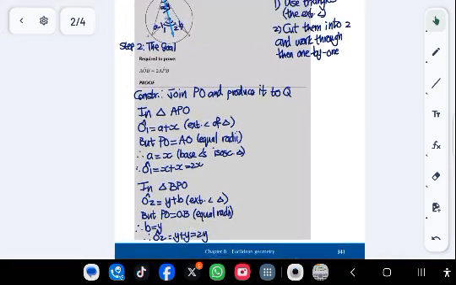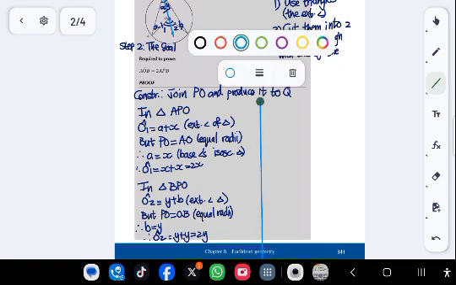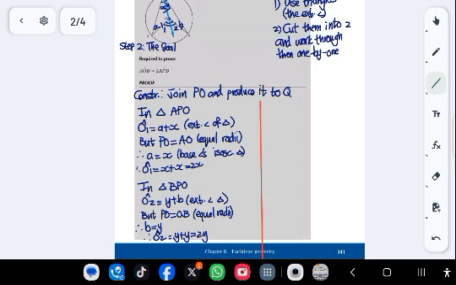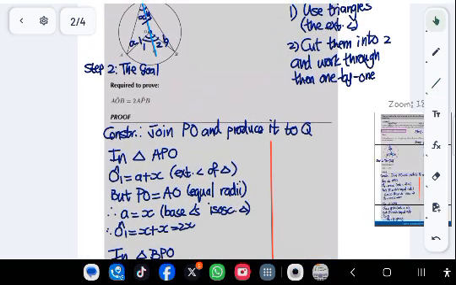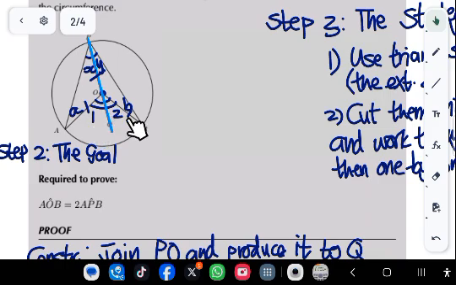So far, so good. Now, let's complete the work. Let's add angle O1 and angle O2.